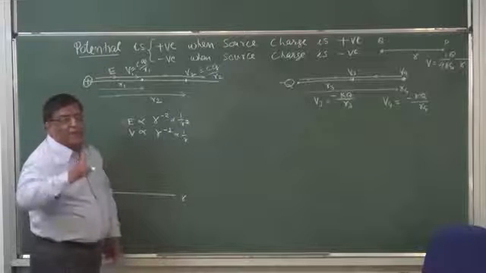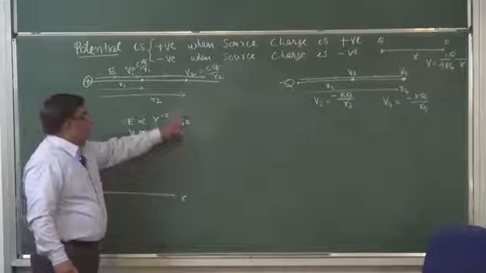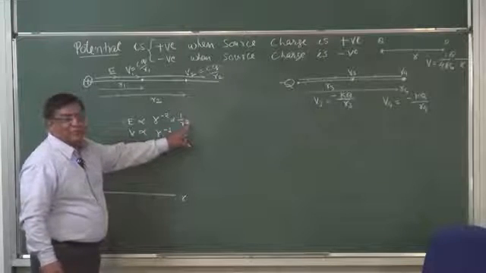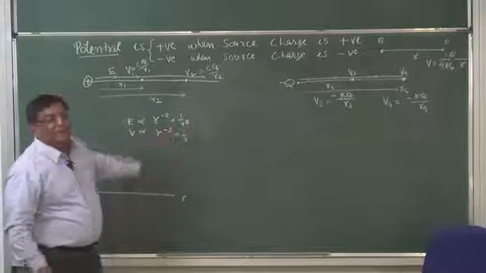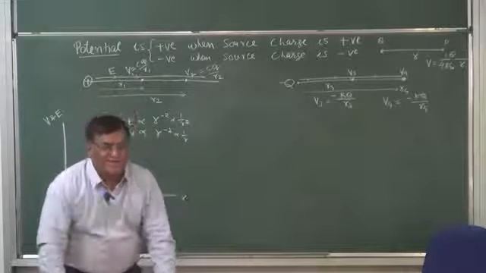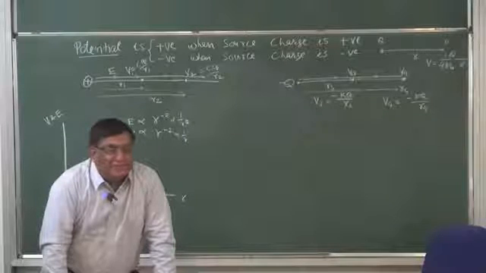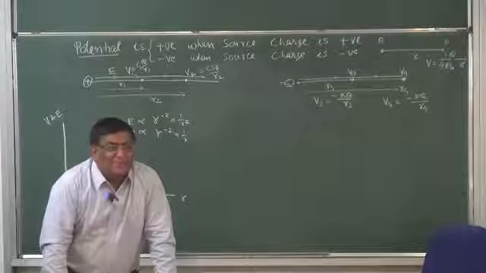R we have made 3, so this is 1 upon 3, and this is 1 upon 3 to the power 2, that is 1 upon 9. So which is depleting faster, E or V? E is depleting faster.